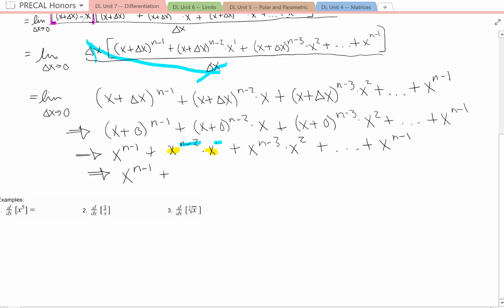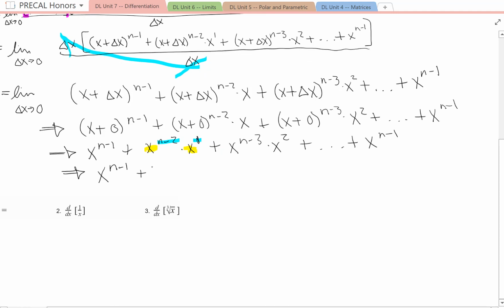N minus 2 plus 1. That's just n minus 1. You have the same base. Go ahead and add your exponents. N minus 3 plus 2 is n minus 1 plus x times n minus 1.